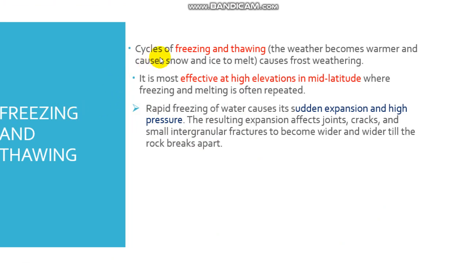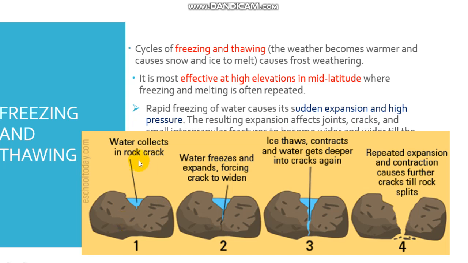We know freezing is directly related to temperature change, and we already have seen what temperature does to a rock. It is effective at high elevation in mid latitude, where freezing and melting is often repeated, and it causes sudden expansion and high pressure, which affects again the joints and cracks. Let's see how. First of all, water collects in the rock crack.